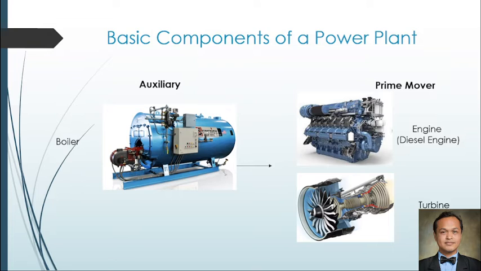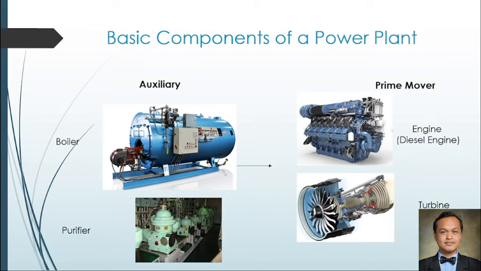In a thermal power plant, boilers are also used. Another auxiliary is the purifier, whether a fuel or oil purifier. The one I showed you is a fuel and oil purifier. This device is used to purify or clean the fuel or oil that is being used in an engine or in a turbine.